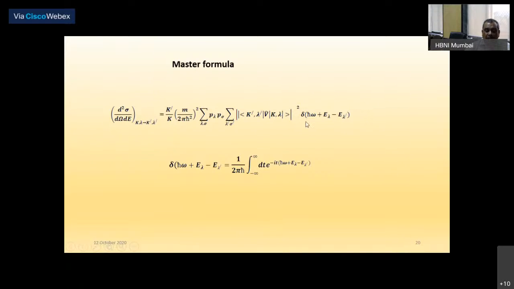I introduce this conservation through a delta function formula. Don't be scared, it looks big, but I will show you step by step what is done. And ultimately, what I'm trying to show you is that we map a system in Q and omega space, that means in momentum and energy space.